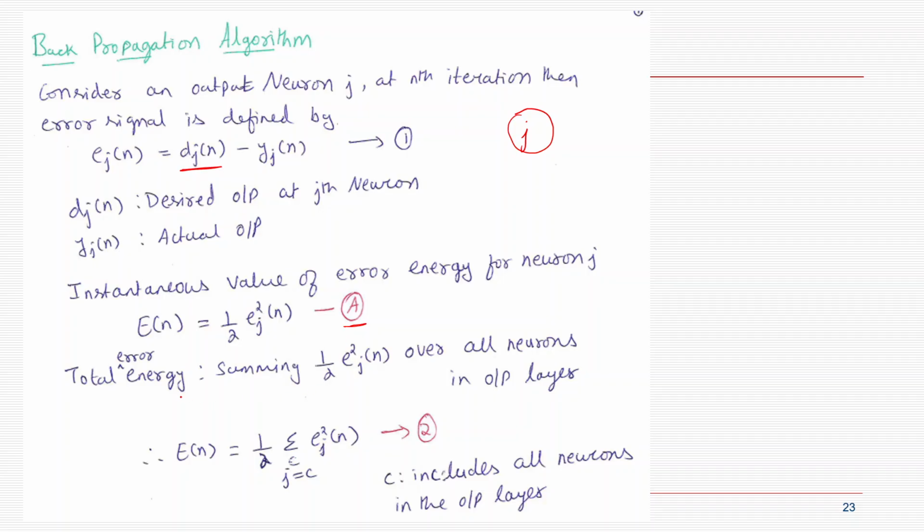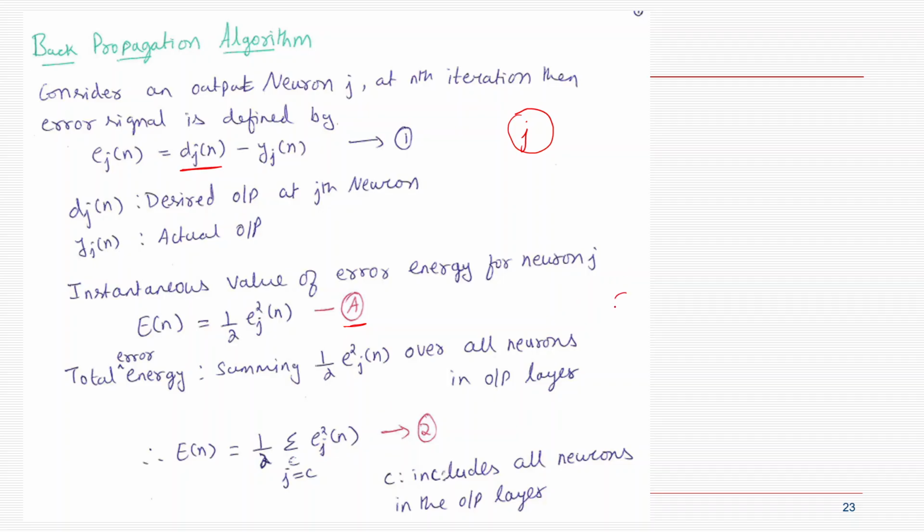The total energy we get by summing 1 by 2 ej square of n over all neurons in the output layer. Therefore, E of n equal to 1 by 2 summation over j, where j is for all the nodes in the output layer.